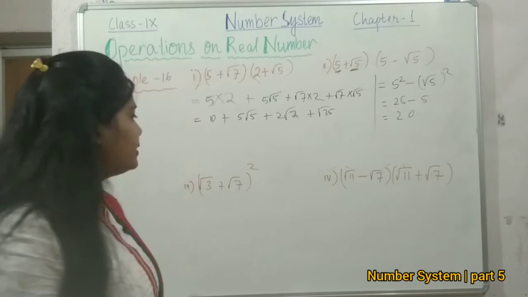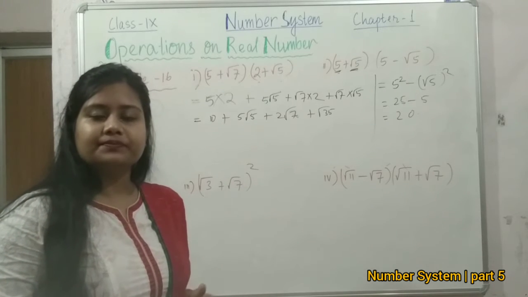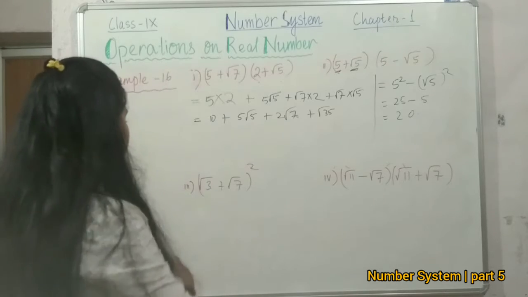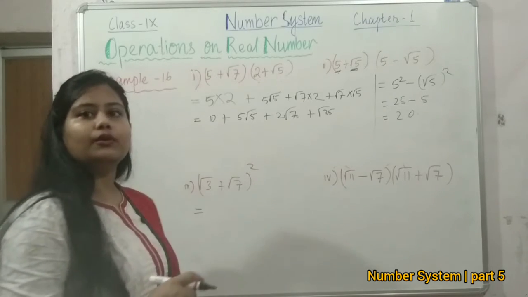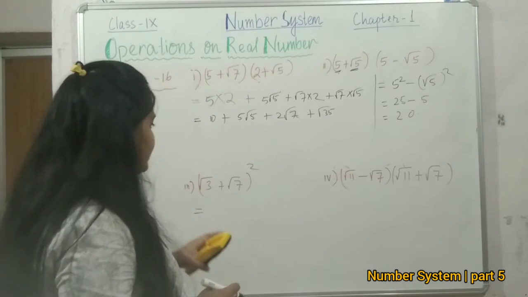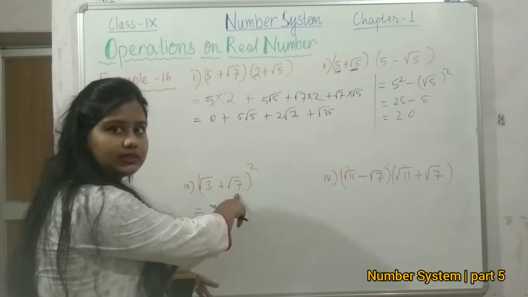In the third bit, we are given to find the square of an expression. It is of the form square of (a plus b). So we can use the formula a square plus 2ab plus b square. In the place of a there is root 3 and in the place of b there is root 7.